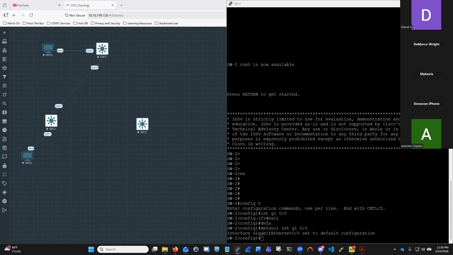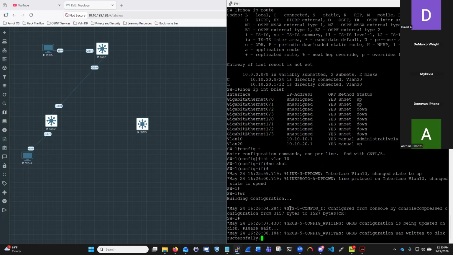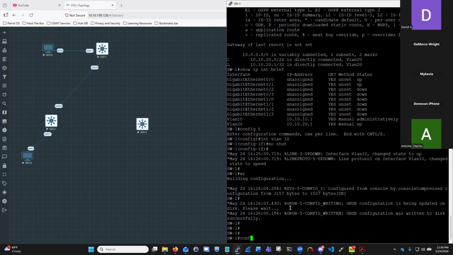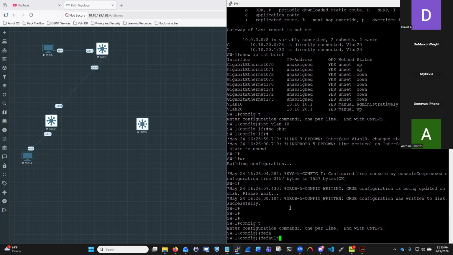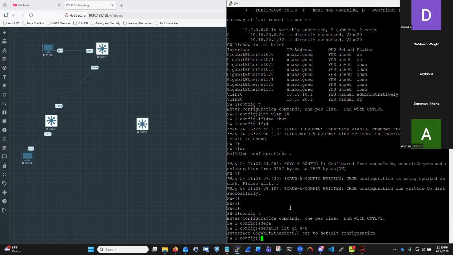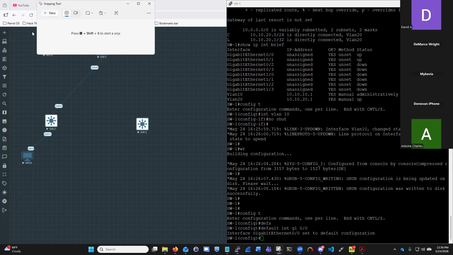Let's do the same thing on the other side. There we go. Default interface gig 0/0. There we go. So there are different modes that we can configure for dynamically configuring a trunk, or implementing DTP.